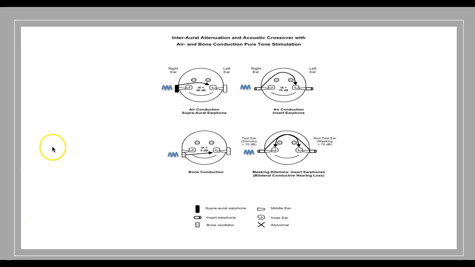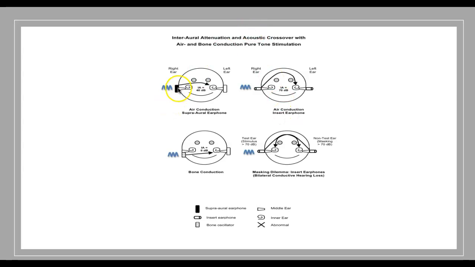All right, so here's a visual from the text that shows an interaural attenuation of 40, 70, and then bone conduction. So this would be like through supra-aural headphones and inserts. It says 70. Some people use 60. There's no definitive amount. I usually use 60 to be a little more conservative to make sure we have effective masking.